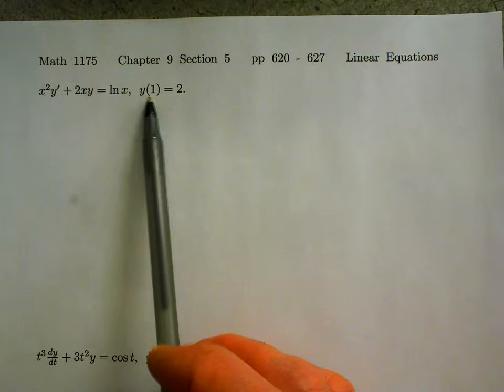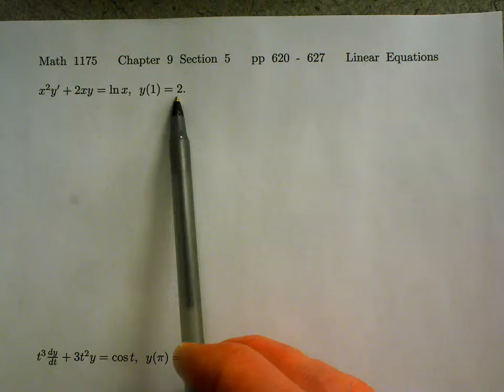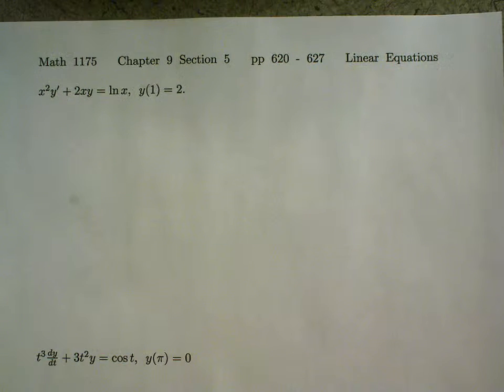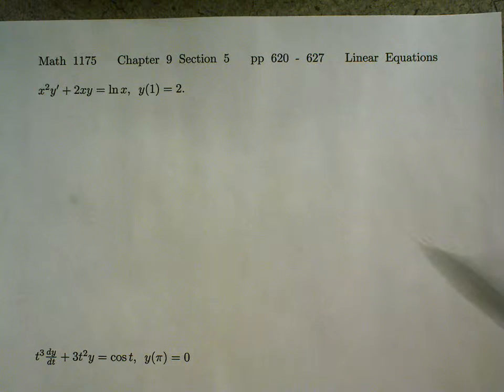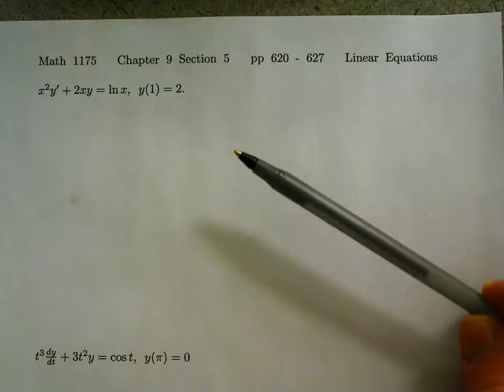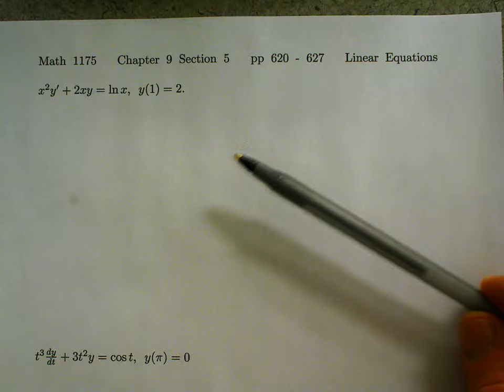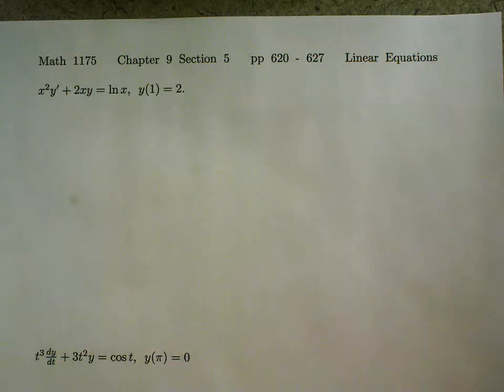So this means that when x is equal to 1, the y coordinate is 2. Okay, take a couple of minutes, see how far you can get in solving this linear differential equation.